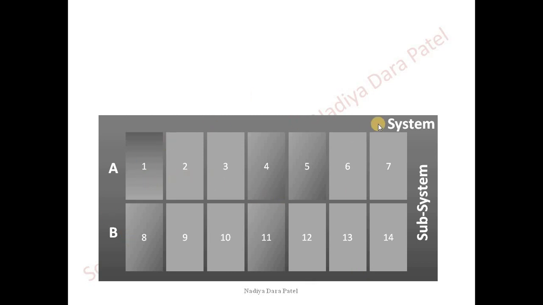Let us assume that we are working on a system having 14 different modules, and this development or coding task is divided between 2 teams, Team A and Team B. Both teams are supposed to develop 7 modules each. Let us assume it that way. And every team has 7 members, so every member is allotted one module of development.